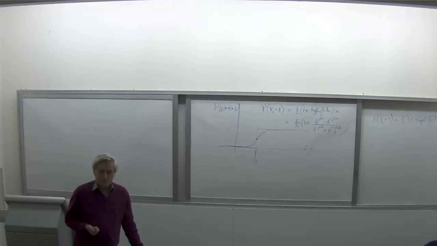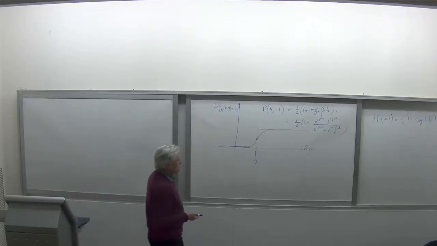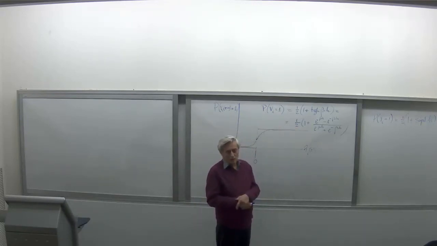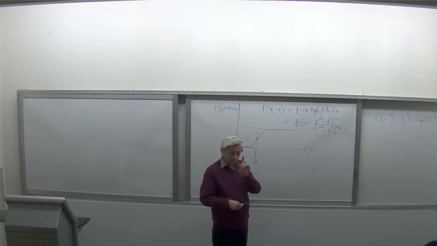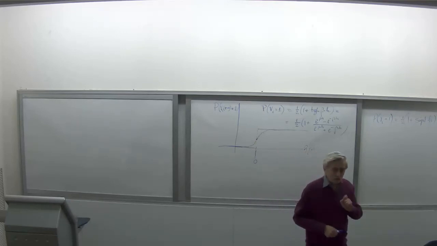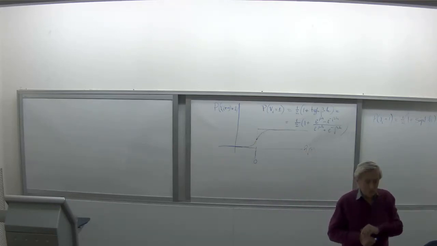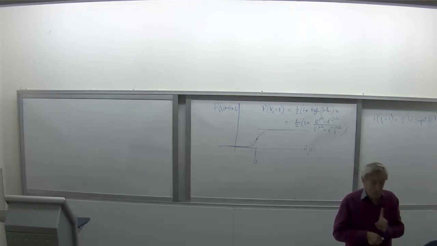When beta goes to infinity, it will be 1 for positive h, and 0 for negative h. That's what I should have said.